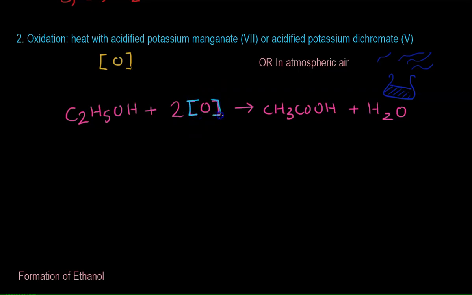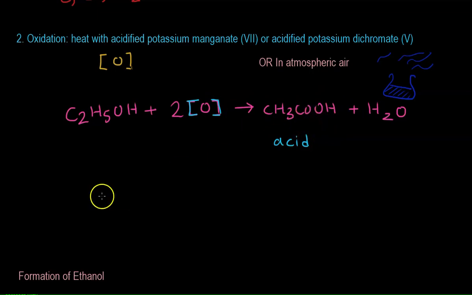Okay, and only alcohol can undergo oxidation, so far, compared to alkanes and alkenes, and you will get an acid here. Okay, we will talk about it in the next chapter actually. Okay, so alcohol plus oxygen, not oxygen gas but oxygen atom, will give you a carboxylic acid.